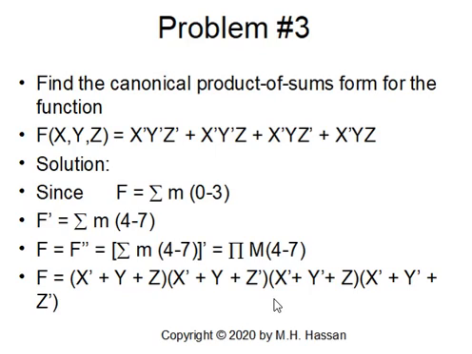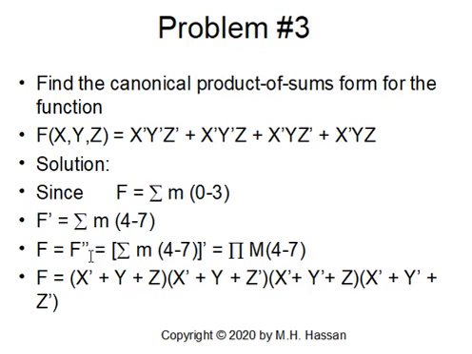We would like to find the canonical product of sums form of the function x'y'z', x'y'z, x'yz', or x'yz. The function is given as the sum of the minterms 0 to 3. Therefore, f' will be the sum of the remaining minterms from 4 to 7.